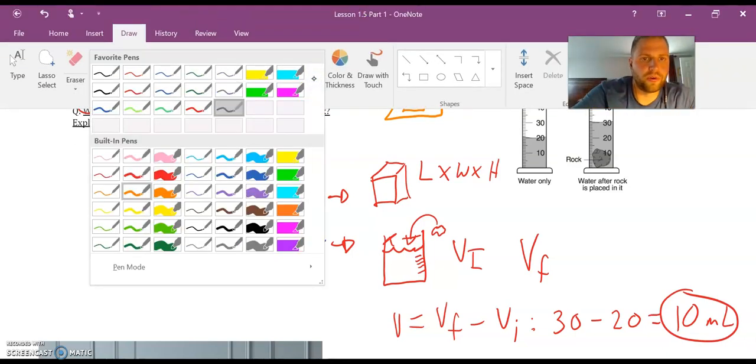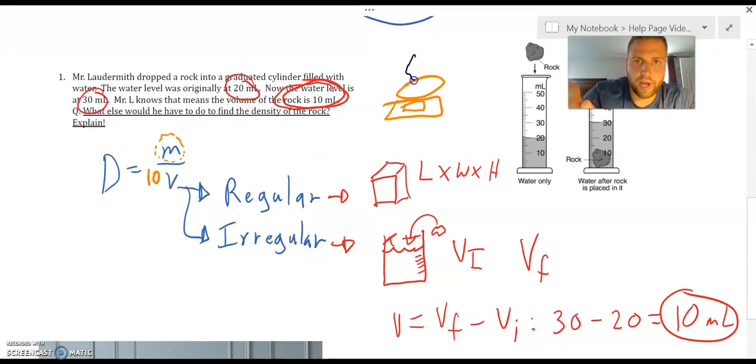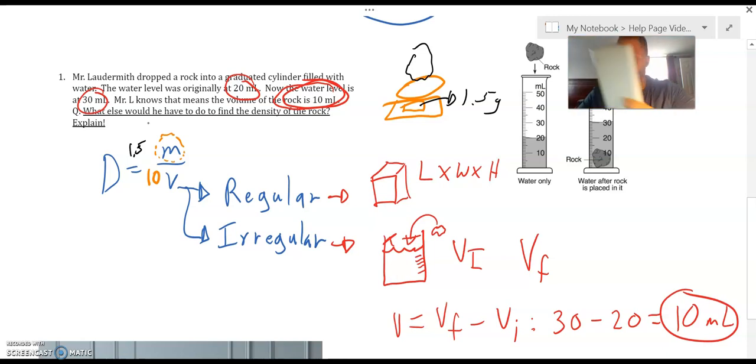You would put your rock on the balance. The balance would give you a readout. So let's say in this case it was 1.5 grams. I could fill in the number here at the top, all right, arbitrarily, as an example. And all I would have to do to find the density now is divide 1.5 by 10. So let's go ahead and do that.